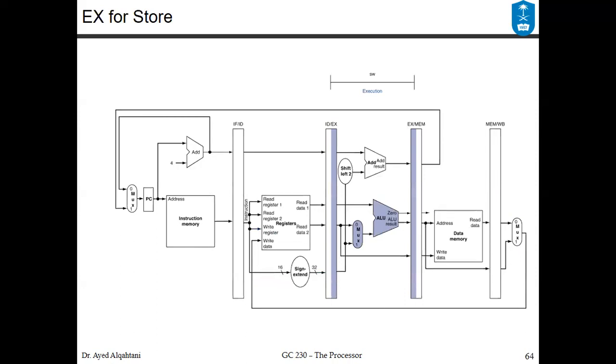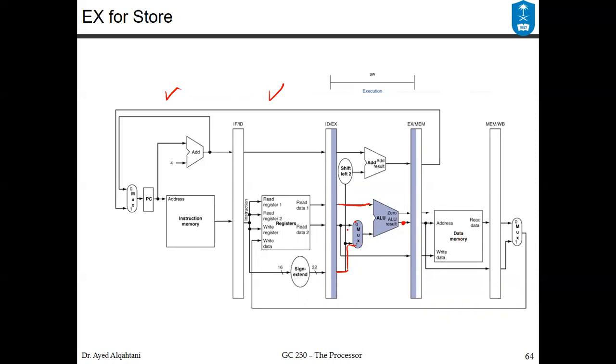Now, this is for the store. The fetch and decode behave as for the load. Now, the difference in the execution for the store, it will use the mux, but it will use this mux, and it will need the sign extended value like the load instruction, and then it will calculate the base register and the sign extended value to generate the address for the data memory when it stores the value.